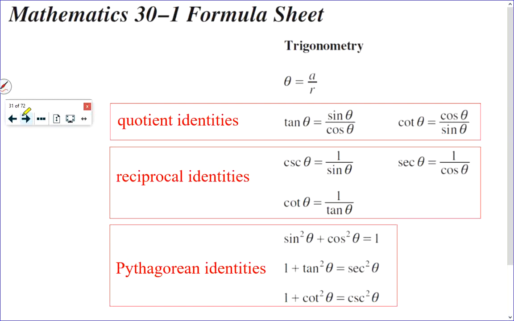The reciprocal identities are, well, they're reciprocal identities. You can see there's a reciprocal in them. The Pythagorean identities are the ones that have the squareds. All right, what I gave you is a handout that gives you suggestions for how to solve problems. Okay? So I'm going to be referring to that.